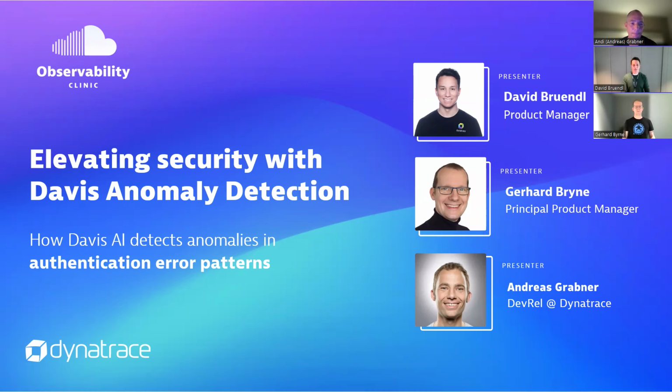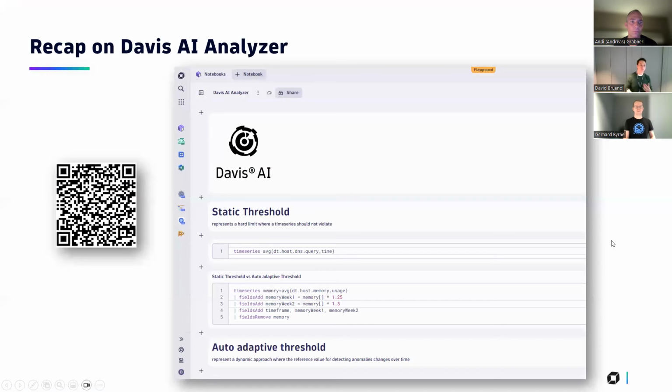Gerhard, you also present afterwards. As you already mentioned, today I give you just a short recap about the Davis analyzer. In the last couple of videos I showed how you select the Davis AI analyzer and see the baseline and so on. But today I would like to share in more detail what's behind the scenes, how the analyzer works.